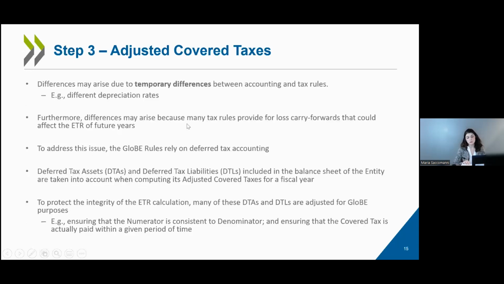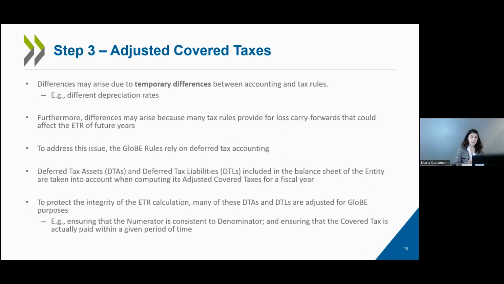So let's now consider the second component of the numerator, that is the deferred tax amount. Let me point out one consideration. The financial accounting net income or loss is the one that should be determined according to the accounting principle of the consolidating entity.